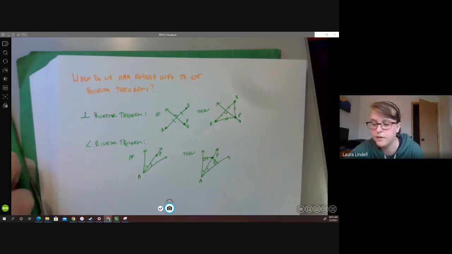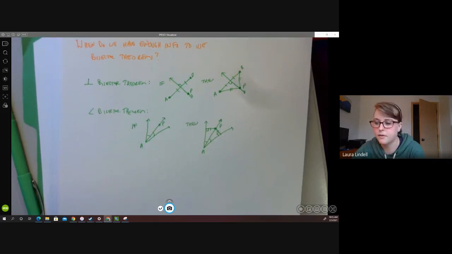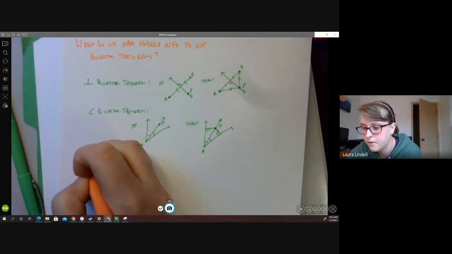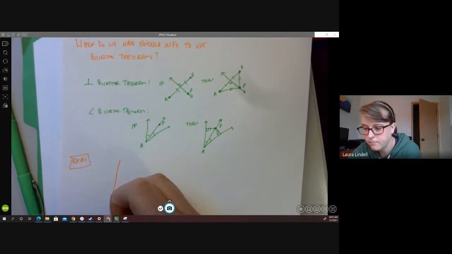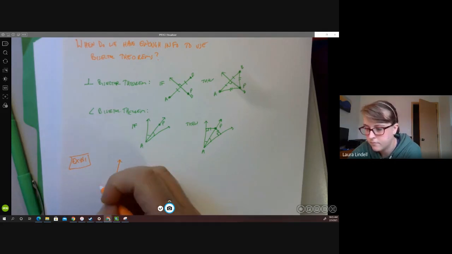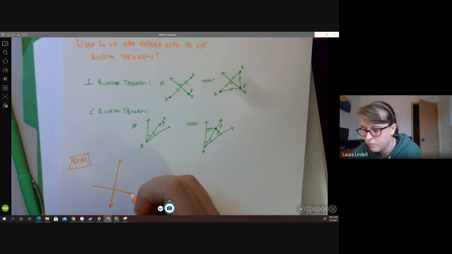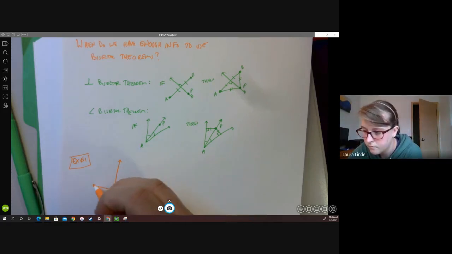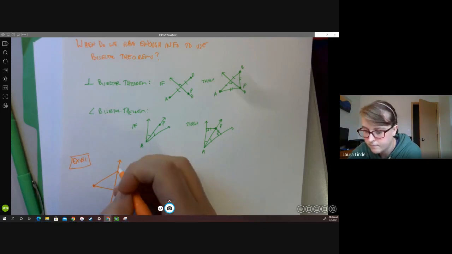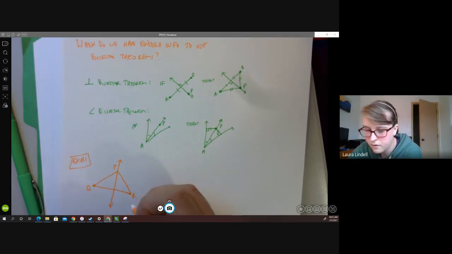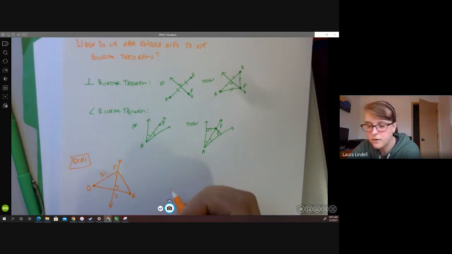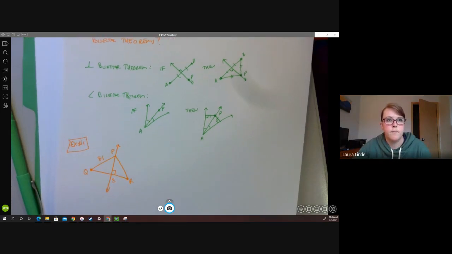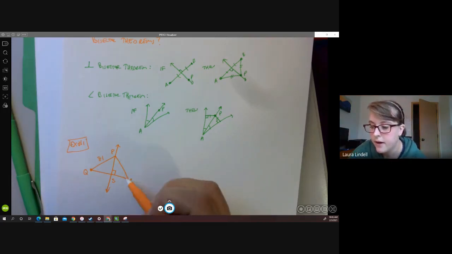So, for instance, if we have a picture like P, Q, R, S, we might be asked the question, is this enough information to find the length of PR?